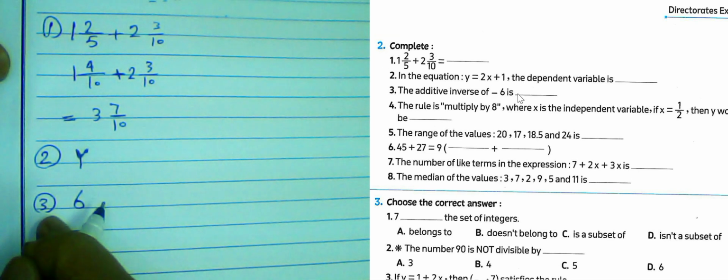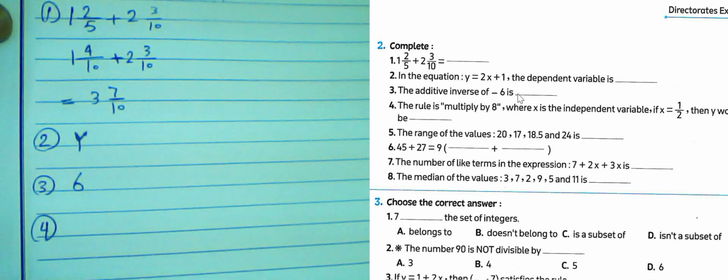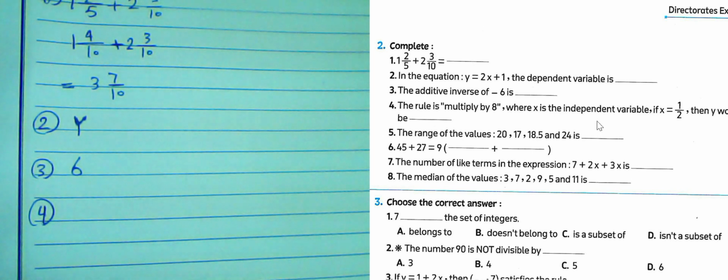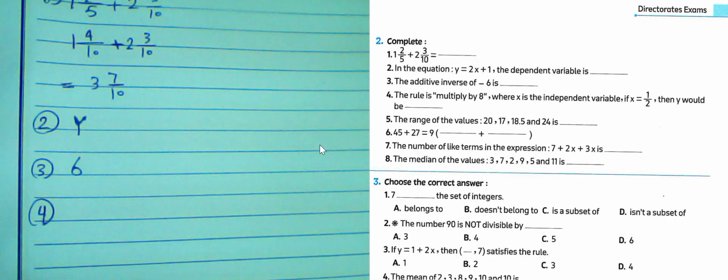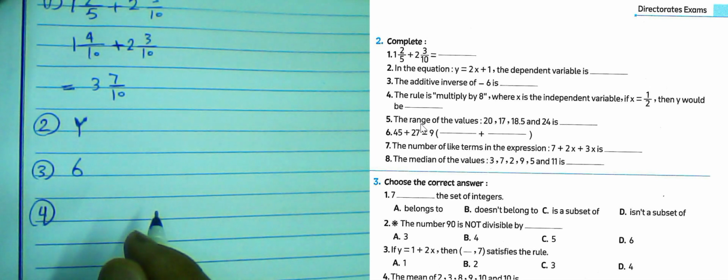We must change the sign of the digits. Question number 4. The rule is multiply by 8, where x is the independent variable. If x equals half, complete with me here, then what would it be? He gives us the rule multiply by 8, and x is the independent variable.